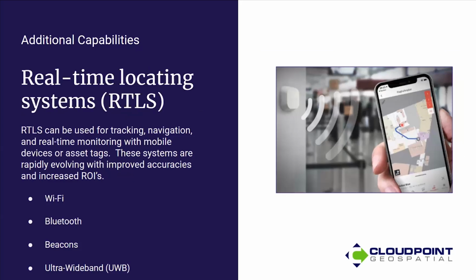Also, we can have real-time locating systems. So this uses Wi-Fi, Bluetooth, and other beacons to know where you're located within a building. Within large buildings, you may not have the greatest cell phone reception.